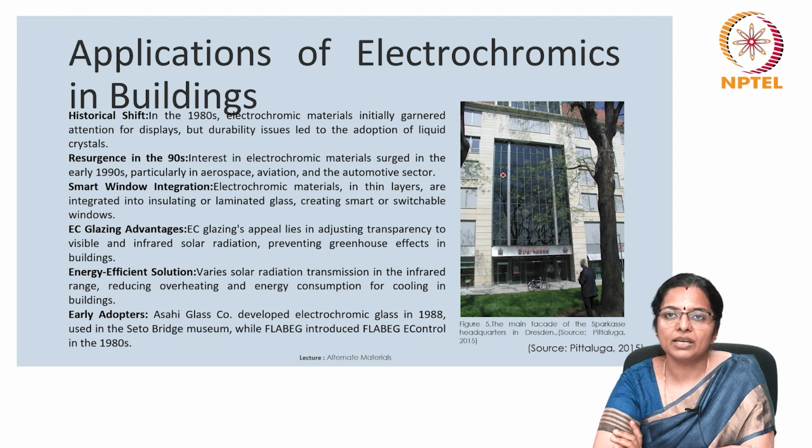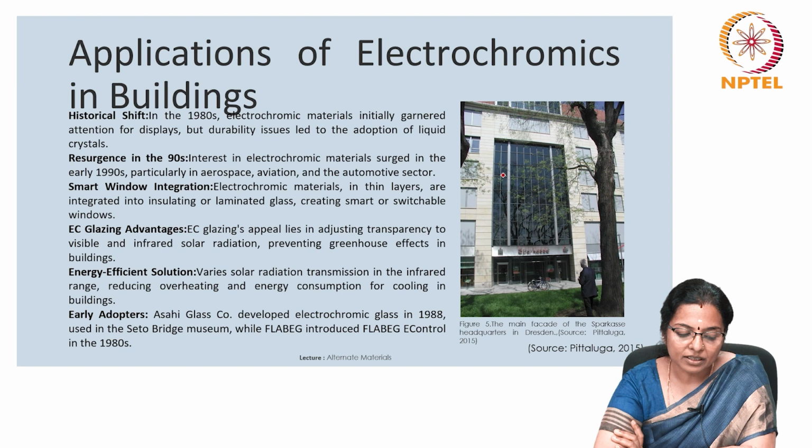Asahi Glass Company pioneered electrochromic glass in the year 1988, used in the Seto Bridge Museum. In this case study, we see that there is a resurgence in the 90s, with interest in electrochromic materials surging in the early 1990s, particularly in aerospace, aviation and automotive sector.